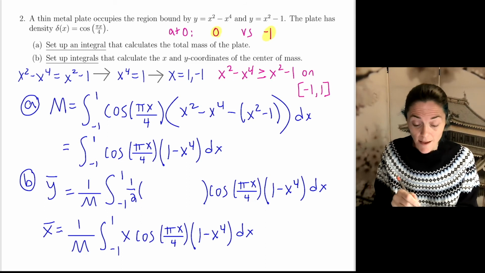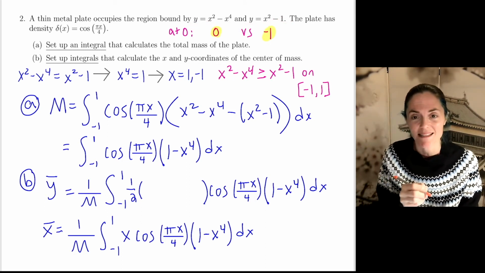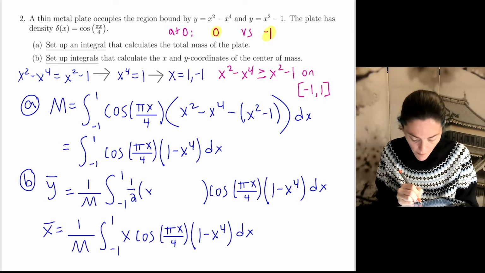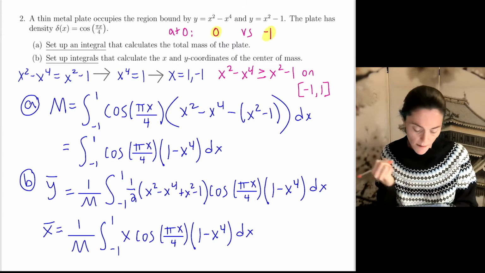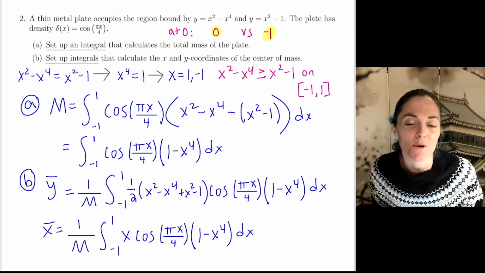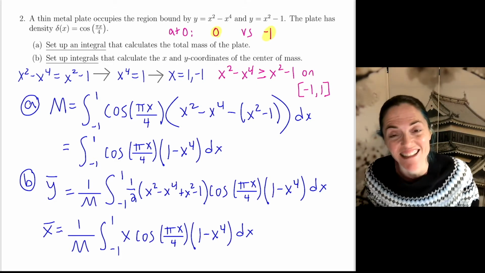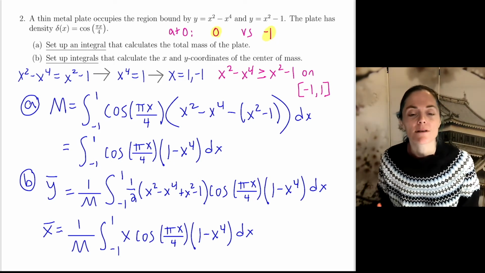So if this is, say, f and g, it would be the sum, f plus g. So what is the sum here? Well, I have x squared minus x to the 4th plus x squared minus 1. Now I could certainly write that as 2x squared minus x to the 4th minus 1, but it's perfectly fine like this. I think I'll just leave it like that. So this is the answer to number 2, setup only.